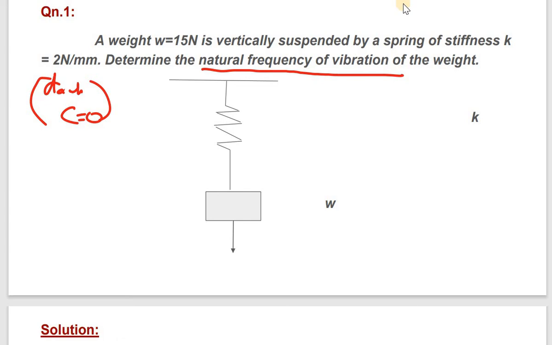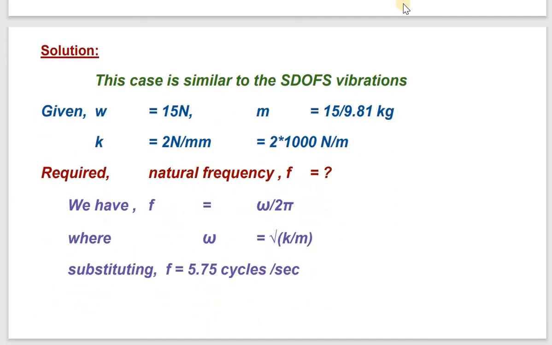So what is natural frequency? F is the natural frequency. Here the items given: W, weight is 15 Newton, and K is equal to 2 Newton per mm.